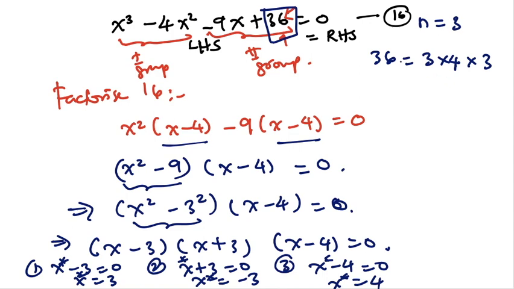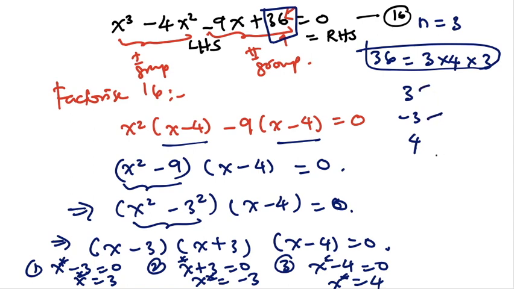And if you see here, each root is actually a divisor of 36. For instance, we have 3, minus 3, and also 4, in absolute terms because I don't count the minus sign. The next concept here is that each root, either 3 or minus 3 or 4, is a divisor of 36.